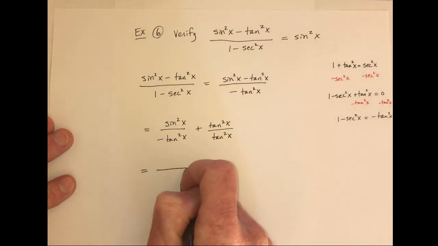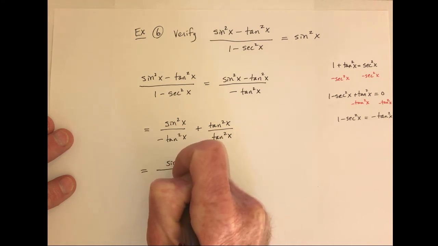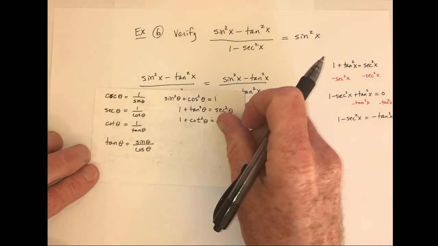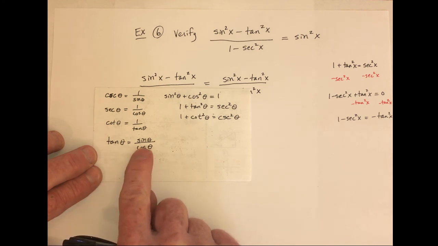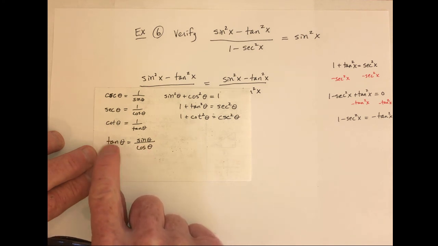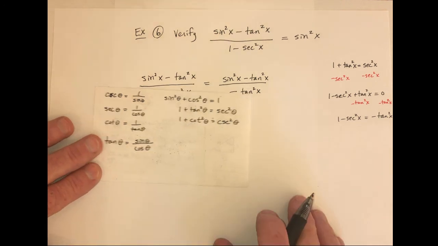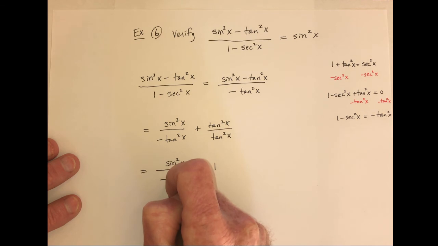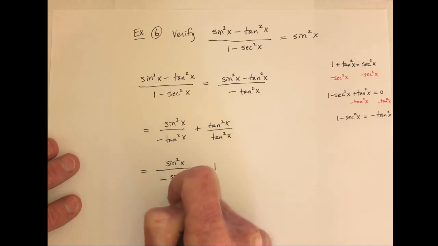And then to simplify this one, I'll leave the sine squared where it is. And then I'm going to use this identity. So take this identity and square both sides. So tangent squared equals sine squared divided by cosine squared. So the negative sign will stay there, and then tangent squared equals sine squared divided by cosine squared.